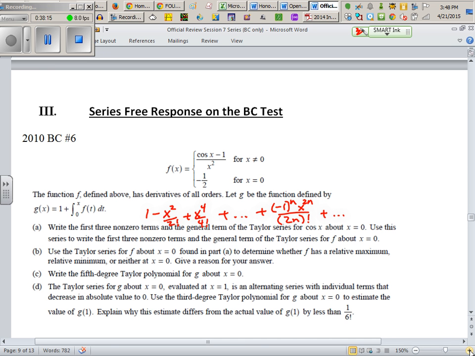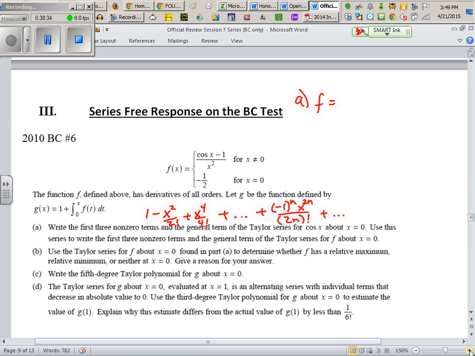Use this series now to write the first 3 non-zero terms and the general term of f. Now we're on to using the stem above. So look at f. I'll do my part A up here.